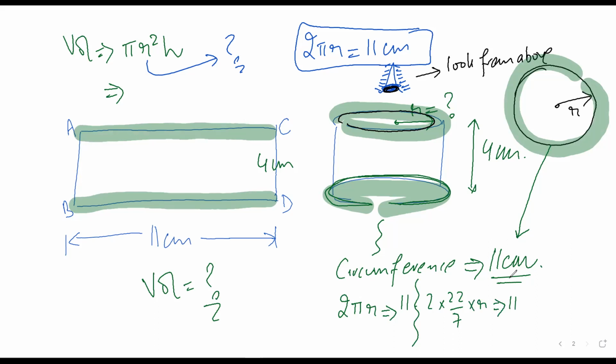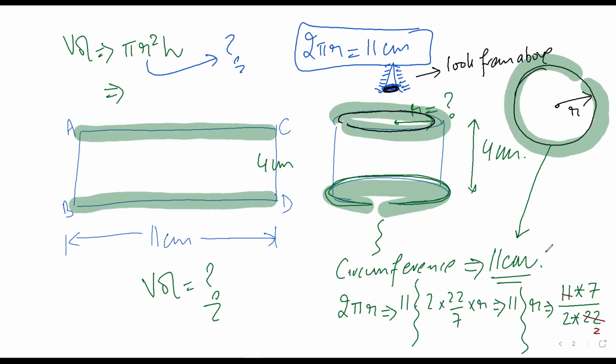Do you agree? Yes, sir. Therefore, r would be equal to 11 into 7 upon 2 into 22. Any doubt till here? No, sir.